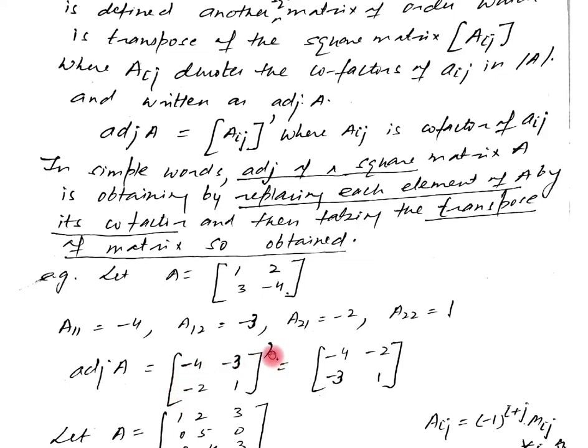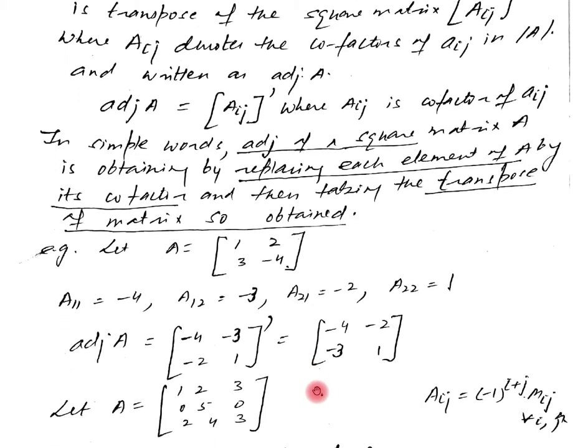Then we take the transpose of this matrix, and we get the value of the adjoint of A. Already I have told you how to find the adjoint: we replace each element of the given matrix by its cofactor and then take the transpose of the matrix so obtained, which is known as the adjoint of the given matrix.